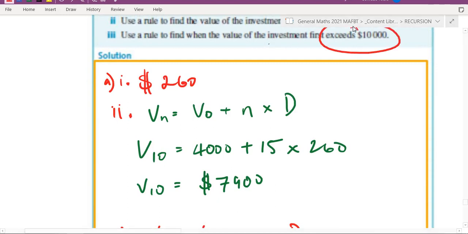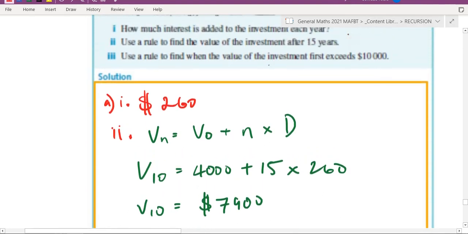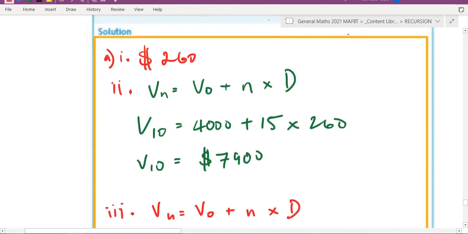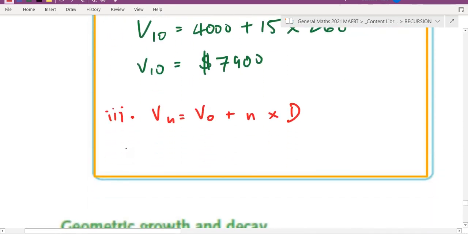What you'll find in Year 12 is they trick you a little bit with this. Because it says exceeds, you have to go above $10,000. So what's the next number above $10,000? 10,001. You have to tell me at what point it reaches 10,001. So it's 10,001 equals the starting amount, 4,000, plus n, which I am looking for, times the common difference of 260.